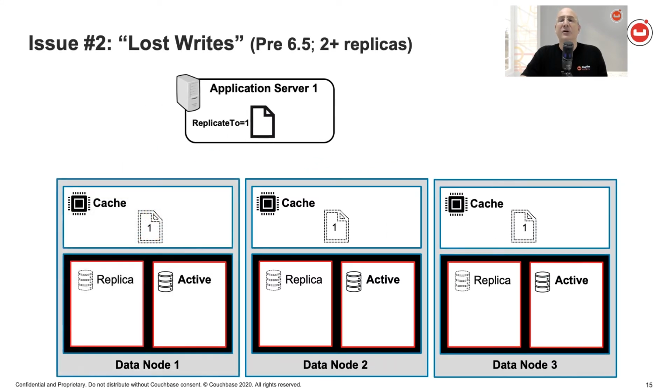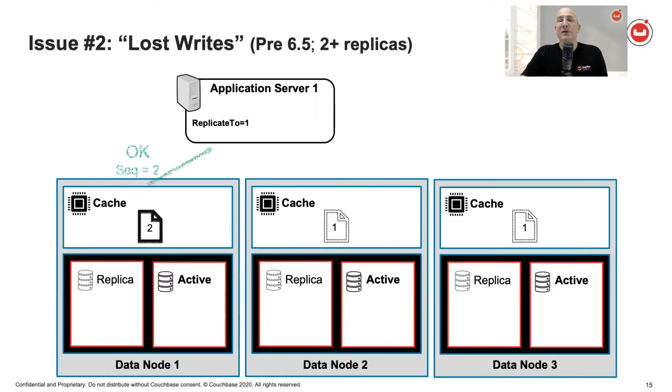Another problem that Couchbase had in the pre-6.5 versions is the lost writes problem, and it occurred when the bucket was set for 2 or 3 replicas. Let's assume that the bucket has 2 replicas. Application server 1 changes a document and its sequence number is changed from 1 to 2.